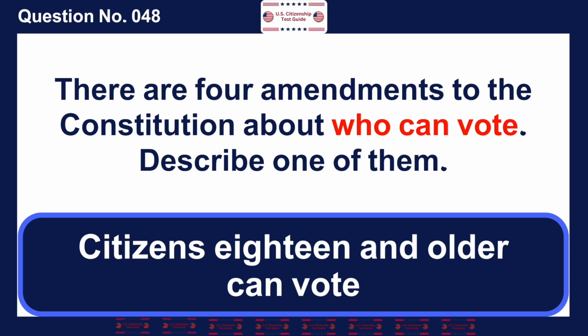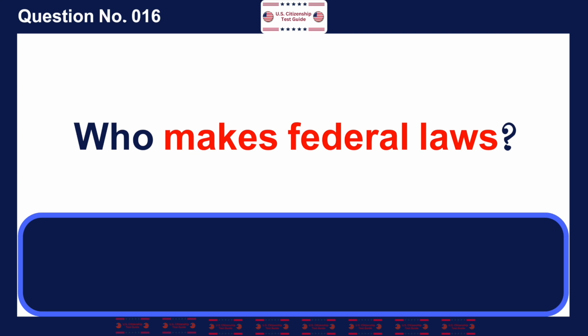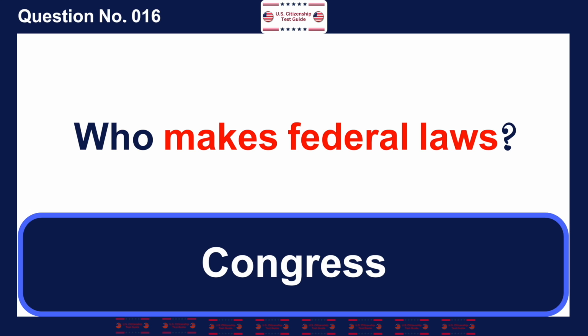Citizens 18 and older can vote. Who makes federal laws? Congress.